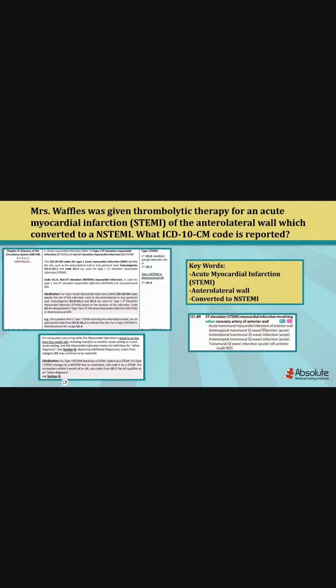That was a lot of saying STEMI. And it's going to be specifically code I21.09, which is the ST elevation myocardial infarction involving other coronary artery of anterior wall. And I think that a lot of people got that one in the chat.